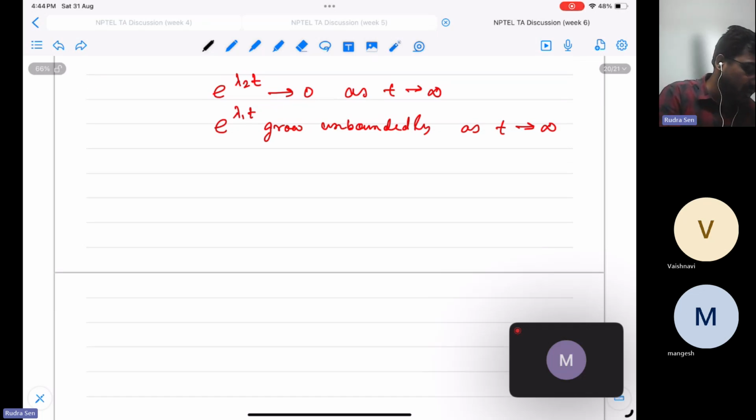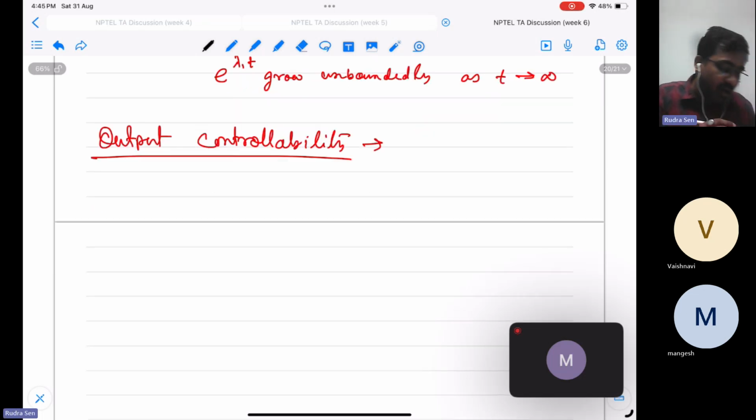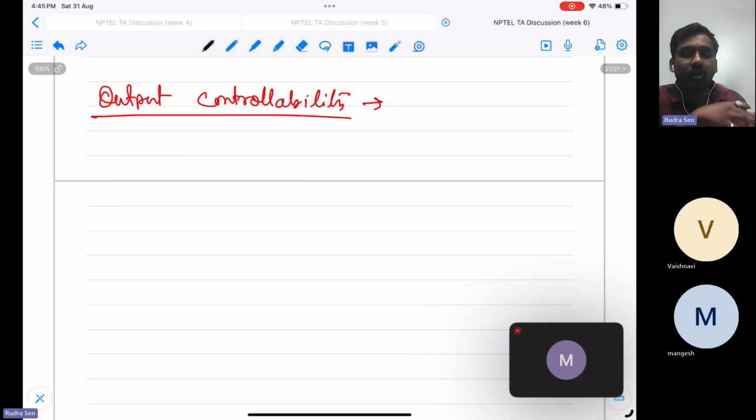And the last thing is output controllability. So what does output controllability say? Till now we have talked about state controllability. Now we talk about output controllability.